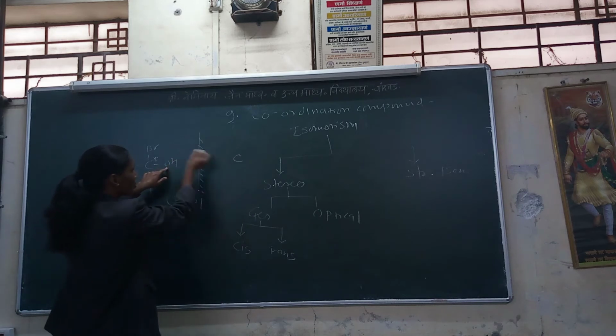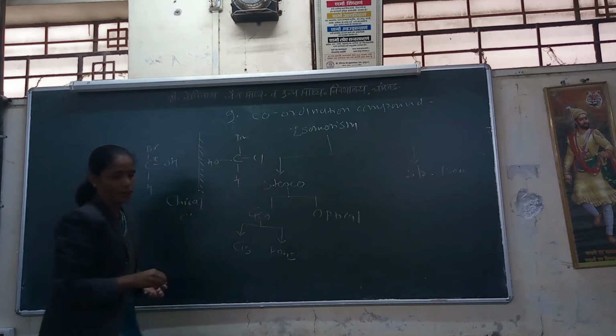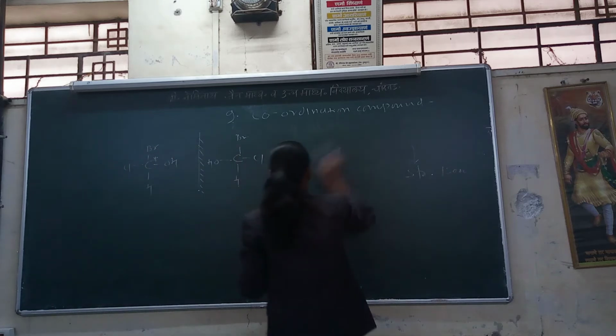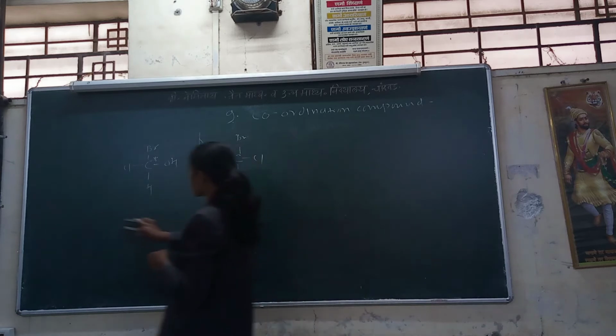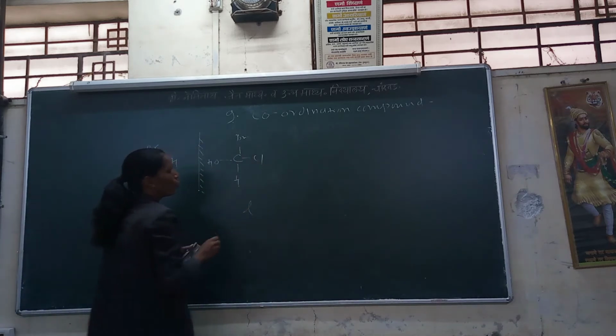Carbon here face to face, here OH, here Br, here H and here Cl. These two are non-superimposable mirror images, that is, enantiomers of each other, dextro and levo.